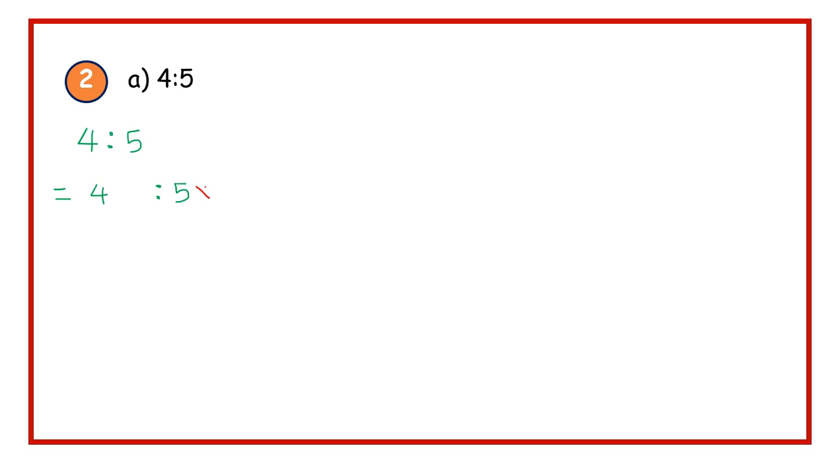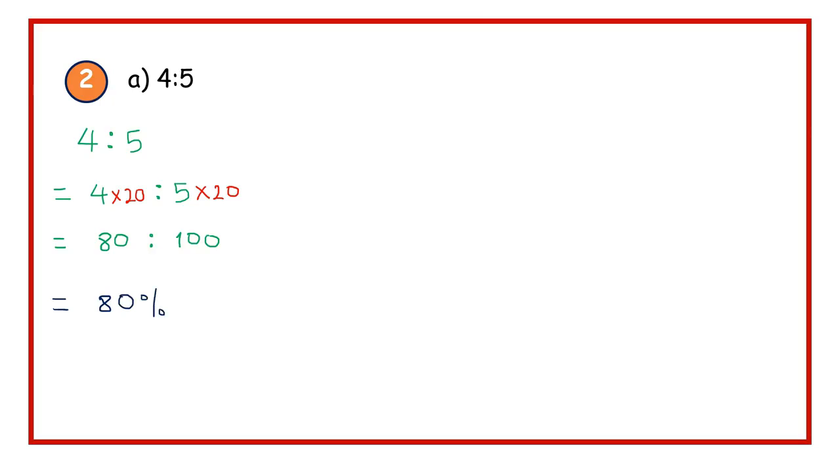And that number will be 20. So we will multiply both parts of the ratio by 20, such that we get 4 times 20, which is 80, and then we get 5 times 20, which is 100. So the ratio changes to 80 to 100, which means that 4 to 5 is the same as 80%.